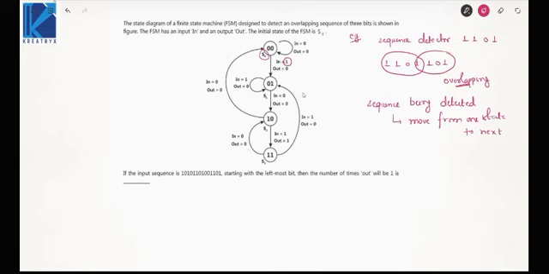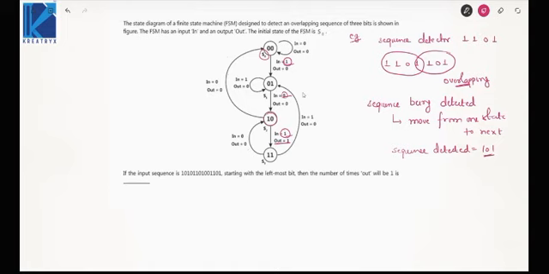Then as the input becomes 1, we go to the next state. As the input becomes 0, we go to next state. As the input becomes 1, the output becomes 1. So what sequence is needed to make the output 1? 1, 0, 1. So the sequence detected is actually 1, 0, 1.